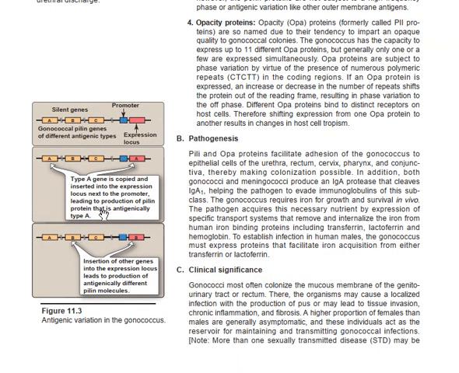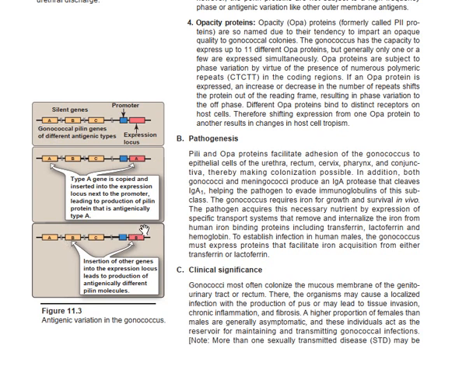Is it clear? Now, because there are types A, B, and C, in case of type A, the gene is copied and inserted into the expression locus next to the promoter, leading to the production of pilin protein type A. Is it clear? So based on the expression locus here, if it is a type A expression locus, the promoter is going to cause the transcription of the type A gene.